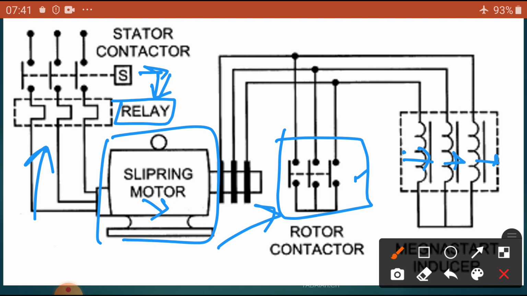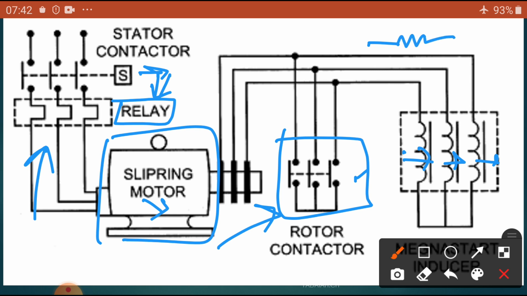Or sometimes we can use magnetic inductors also. Instead of resistance, I can use inductors, some winding also. What is the ultimate aim? I want to create some ohmic value.